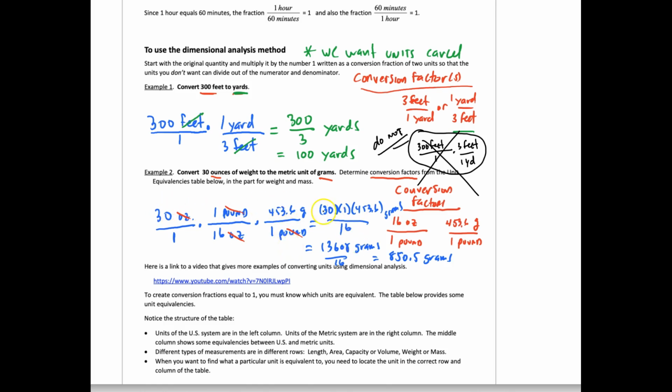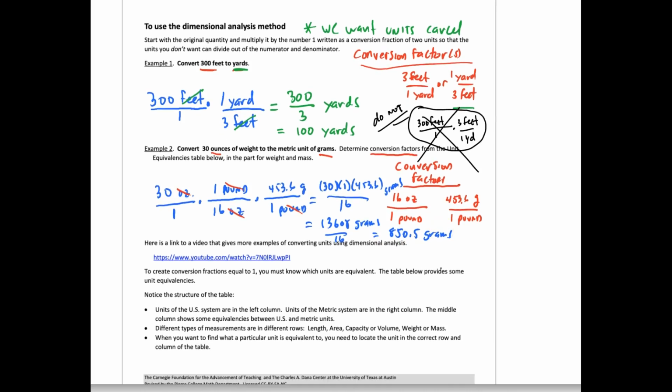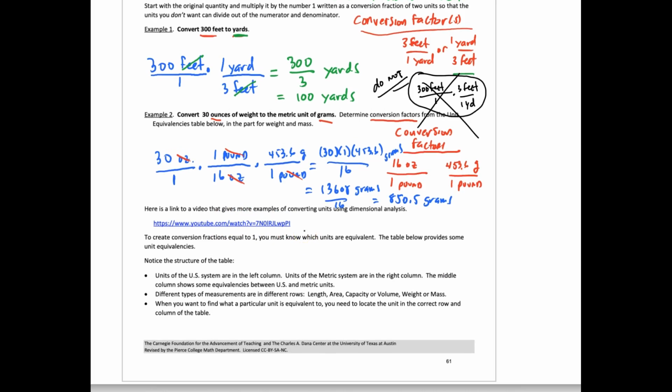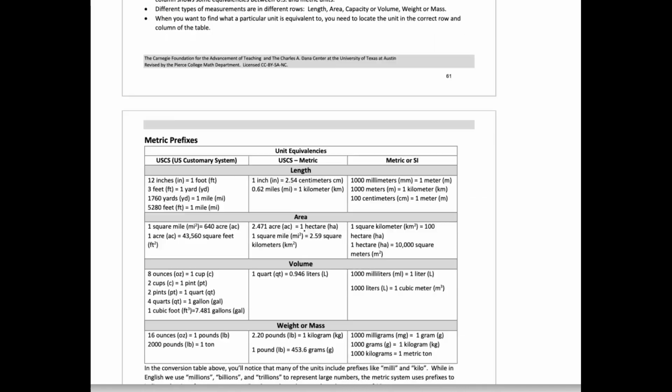And then you just multiply the numbers along the top, the numbers along the bottom, and then you divide, and you'd end up with how many grams. If you need some more examples, there's a link here. Take a look and use that link to go look at some more examples of dimensional analysis.